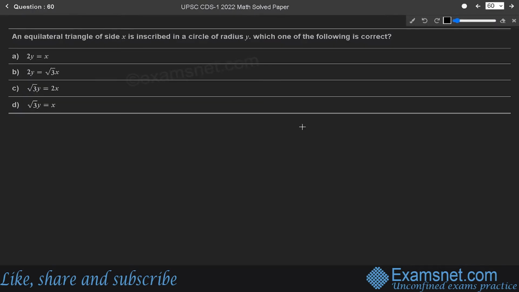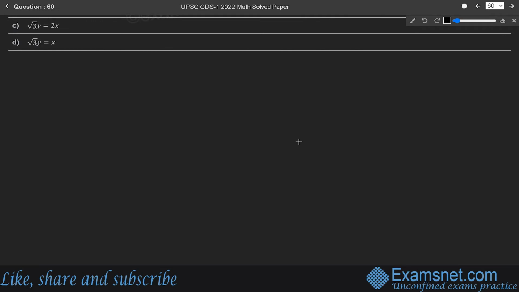Now the next question is, an equilateral triangle of side x is inscribed in a circle of radius y. Which one of the following is correct? Can you tell me what you mean by inscribed? Okay, let us understand this by making the diagram.